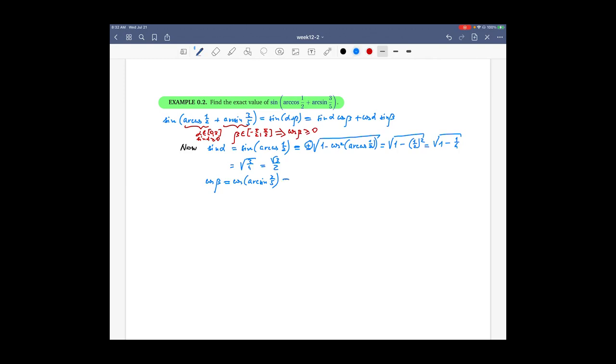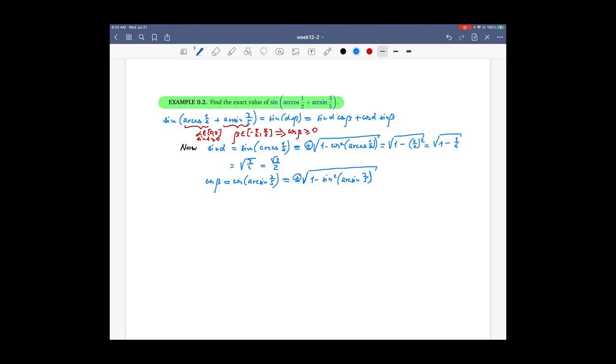So when we replace cosine by plus minus square root of 1 minus sine squared, we know we need to take the positive square root.